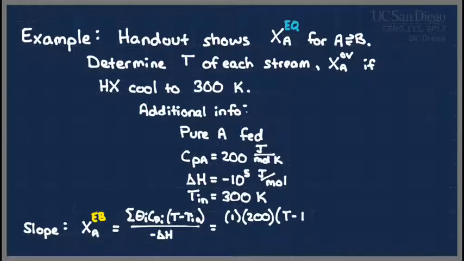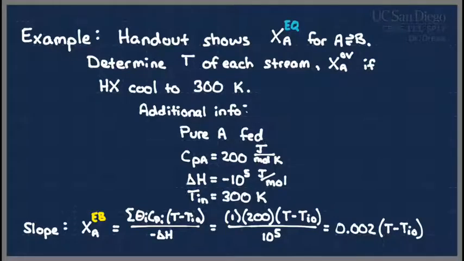So we have T minus TI 0 divided by minus delta H, which is 10 to the 5th. Working through that math, we end up with 0.002 times T minus TI 0, where TI 0 is 300 K for this one. So this is the slope I'm referring to, the slope of that line for XA based on the energy balance.